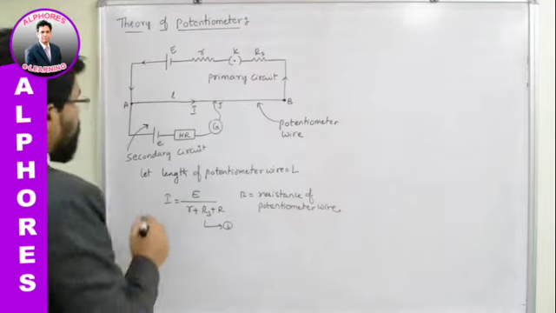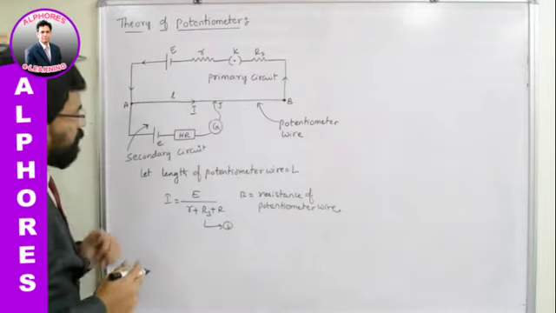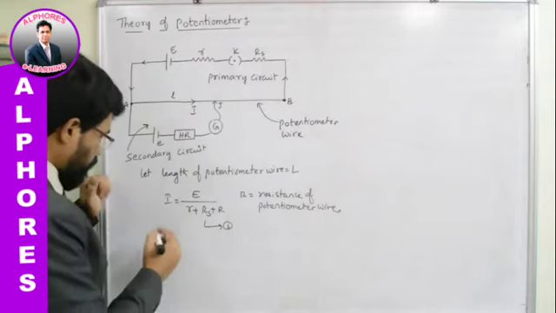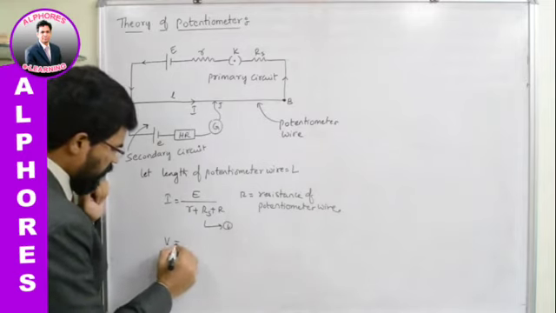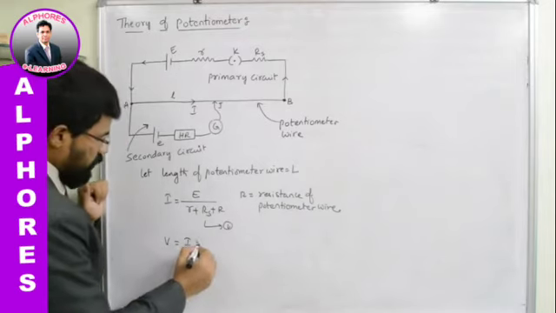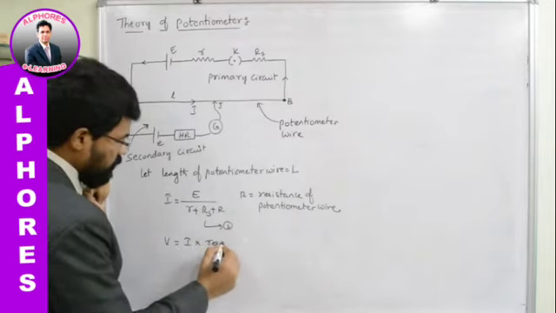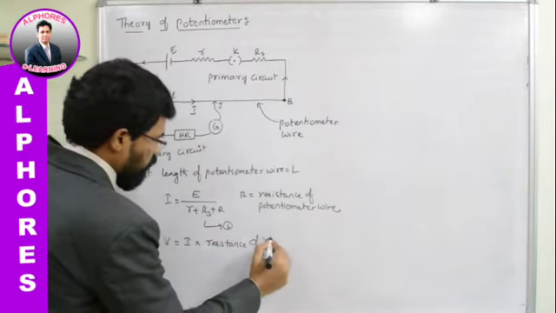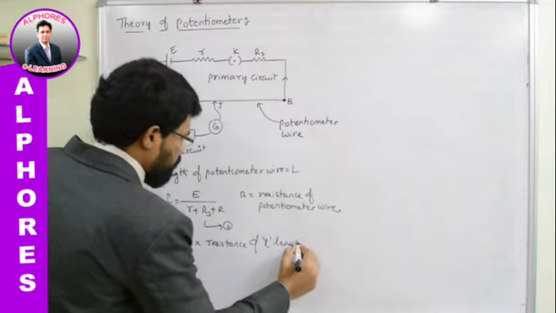Okay, what about potential across this L length of wire? How it can be written? Potential across L length of the wire is equal to current passing through L length of the wire into resistance of L length of wire, isn't it?